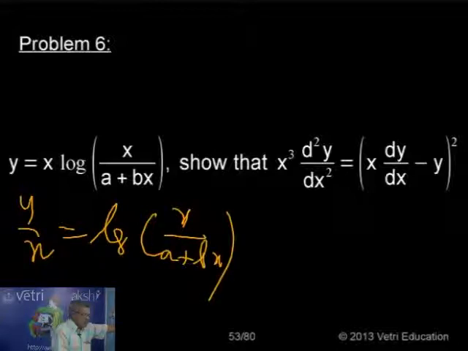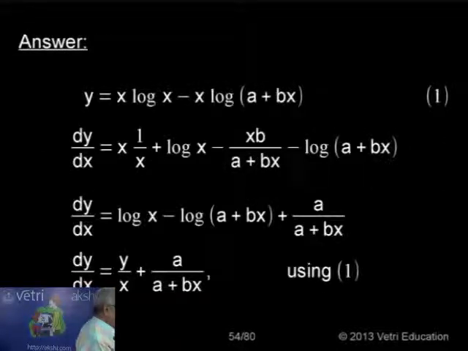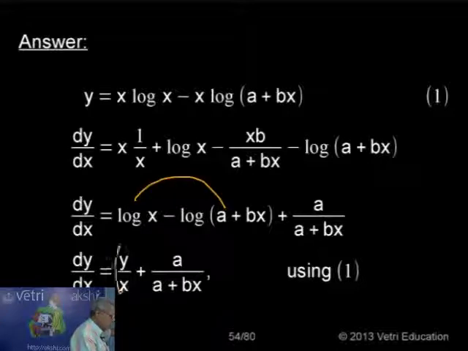So wherever you get log x minus log(a+bx), that can be replaced by y/x, because it's a simple expression. That is, log x minus log(a+bx) is log(x/(a+bx)), which is replaced by y/x. These two we are reducing to y/x and a/(a+bx) using the given function.